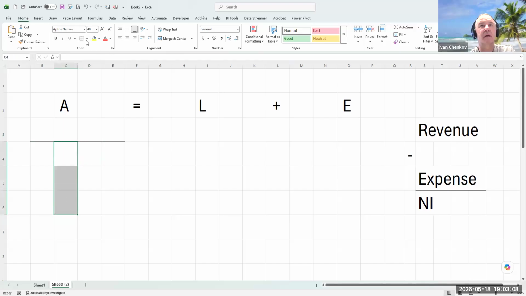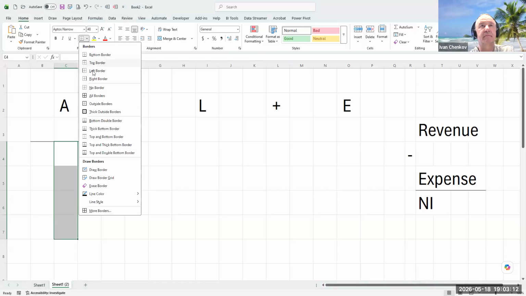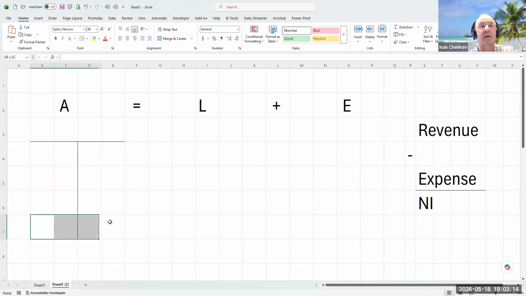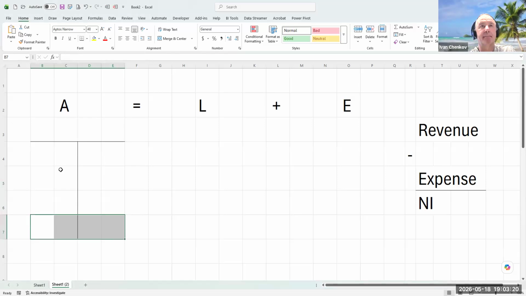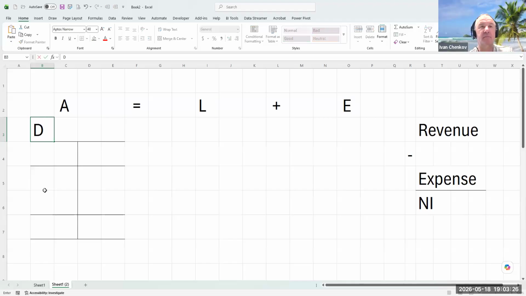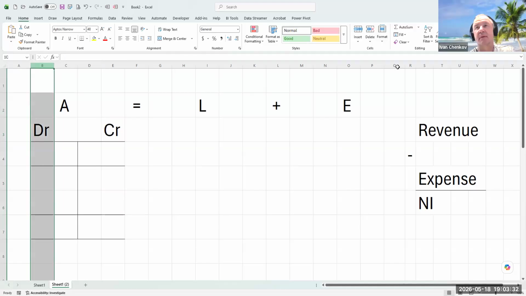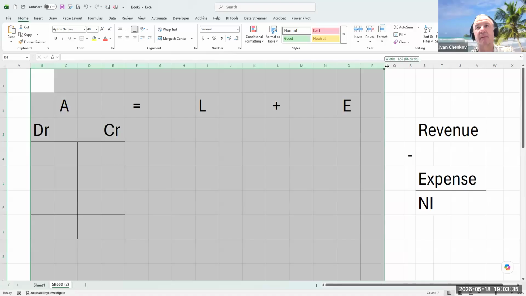We're going to make it like a T account, and the T account is going to look something like this. Now on the asset account, the left side we're going to call debit. On the right side, we're going to call credit. Make it a little bit bigger.